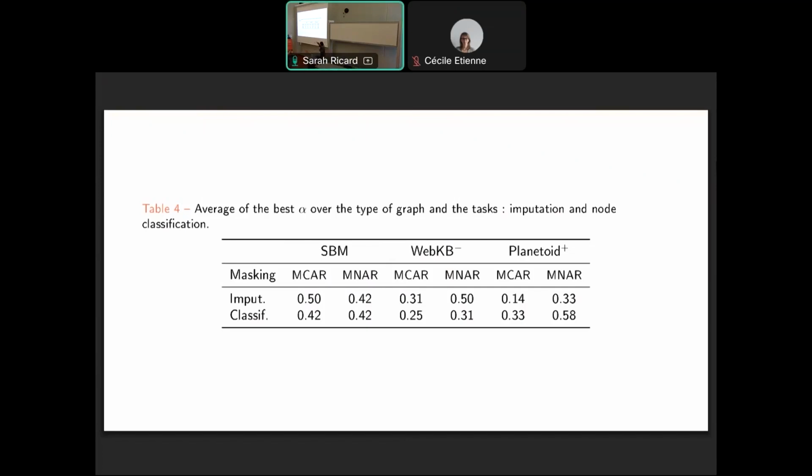So for example, if we were looking at the web knowledge base graph in a missing completely at random scenario, and we were looking at the imputation task, then we would select 0.33 for alpha. But if we were looking at the classification task, then we would select 0.25. That would suppose that the structure is less relevant in this case, that we take into account the features more if we are trained to classify.